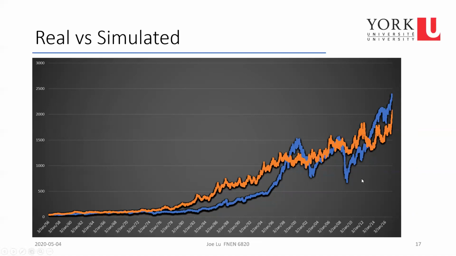But then after the financial crisis, the market recovered very strongly, and actually then surpassed quite substantially the highs before the 2008 financial crisis. So the blue one is really the S&P 500, and the orange one is a simulated one with the calibrated mu and sigma here.